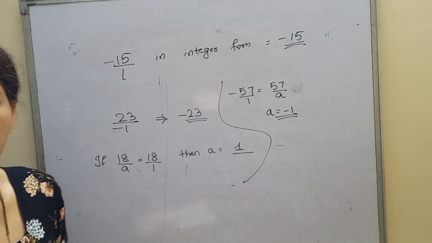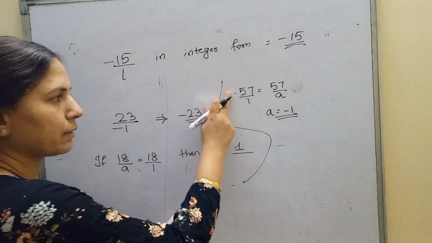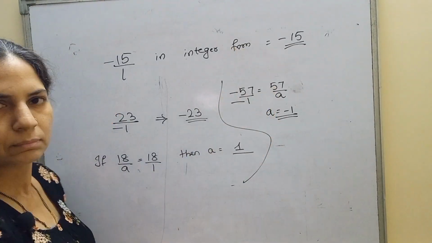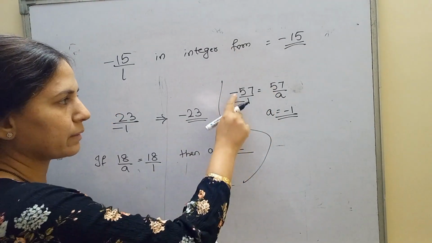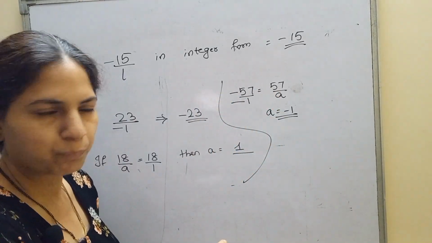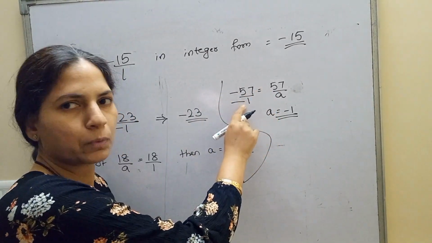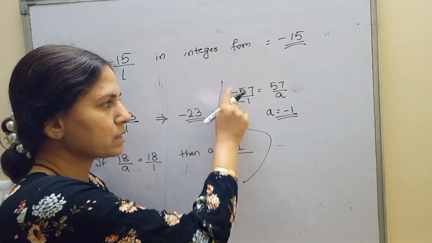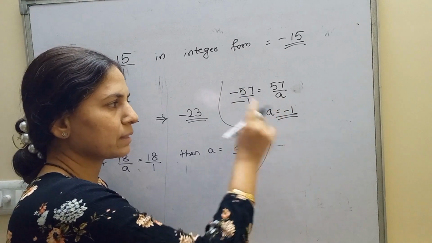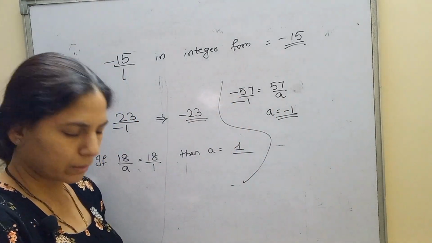This is nothing but, see, minus minus plus. Are you able to understand? This is minus 57, this was in the question, is equal to 57 upon a. To make it positive, I have to put minus 1 here. Minus minus will get cancelled up and this will become 57 upon a. So a is nothing but minus 1. Hope you followed it.